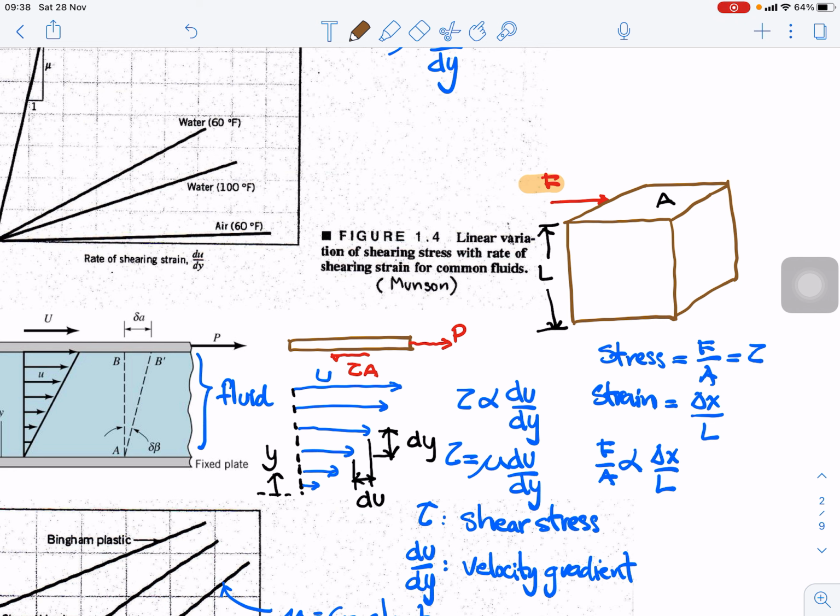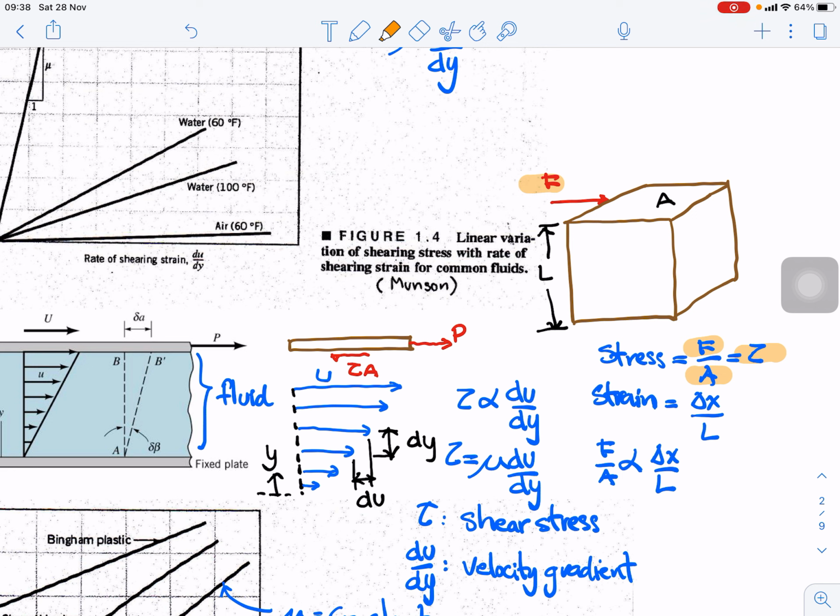In this case, the area of the fluid is A, so the stress is equal to force divided by area. This is the definition of the stress.